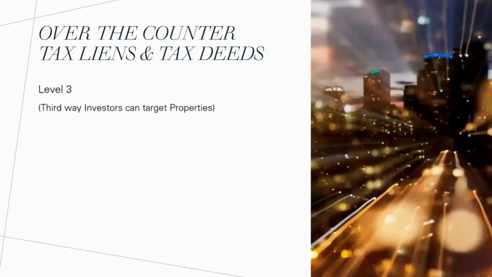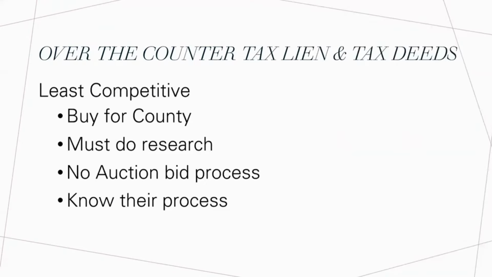Now, level 3, over-the-counter tax liens and tax deeds. The third way investors can get involved in delinquent tax investing. Over-the-counter tax liens and deeds oftentimes can be the least competitive. Actually, it is the least competitive.